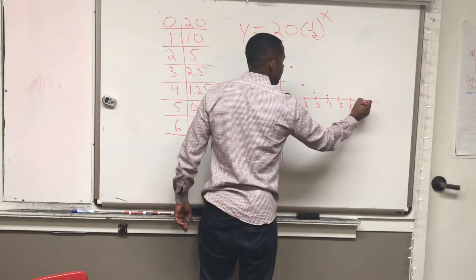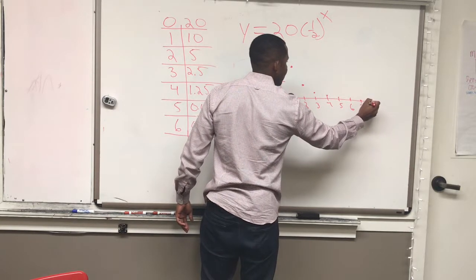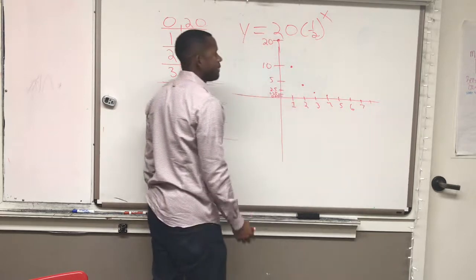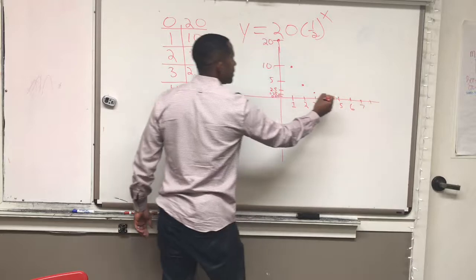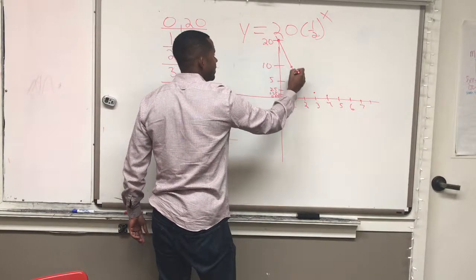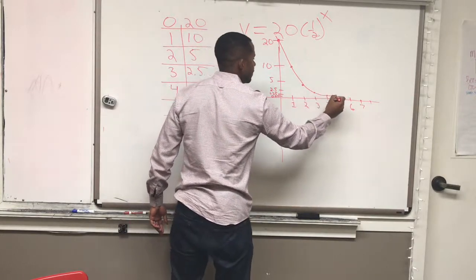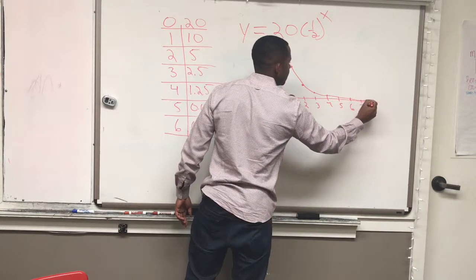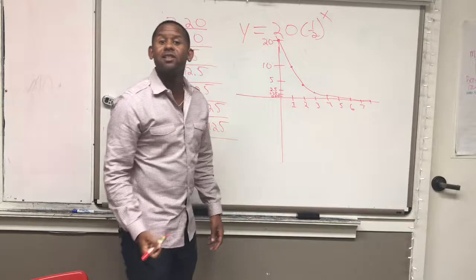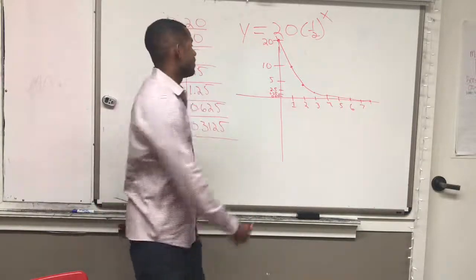If we did 7, it'd be even smaller, closer to 0. If we did 8, it'd be even closer to 0, right? So it's just going to stay all the way down here, always closer to 0, and it just keeps going. Keeps getting closer to 0, but never touches 0.